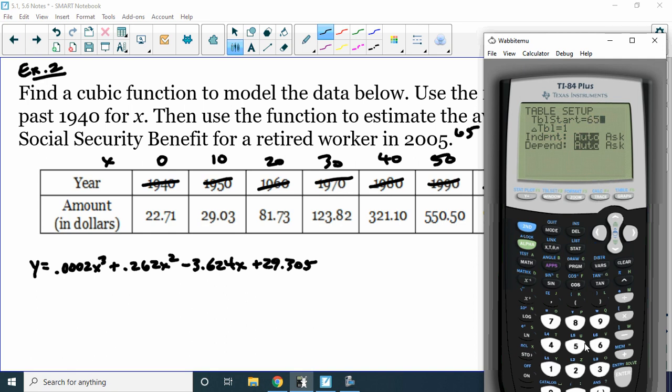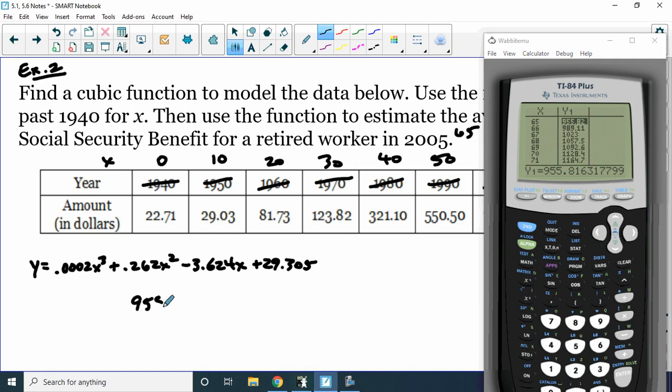So I want my table to start at 65. Now when I go to table, second graph, notice the first value is 65. That beats pushing down a whole bunch of times. Notice my y value, which is what I'm looking for, is $955.82.